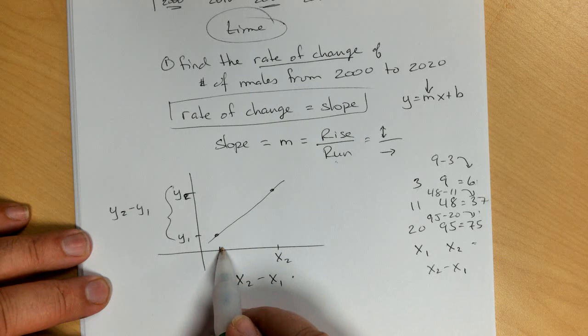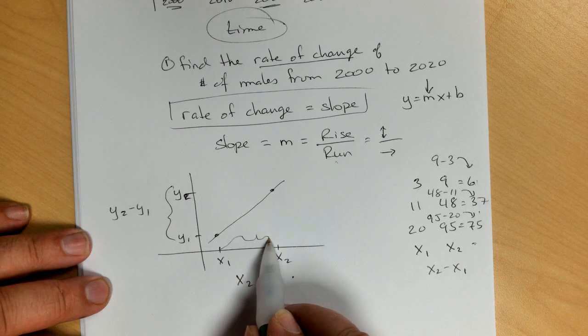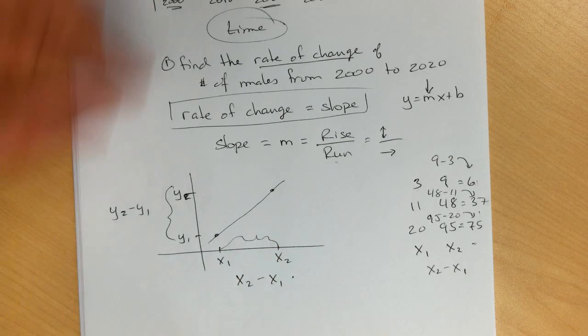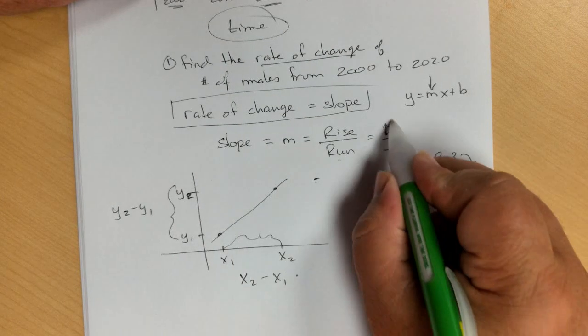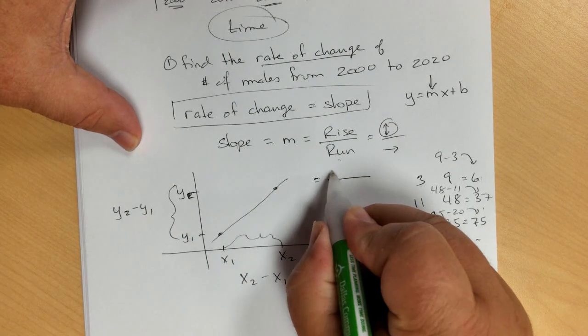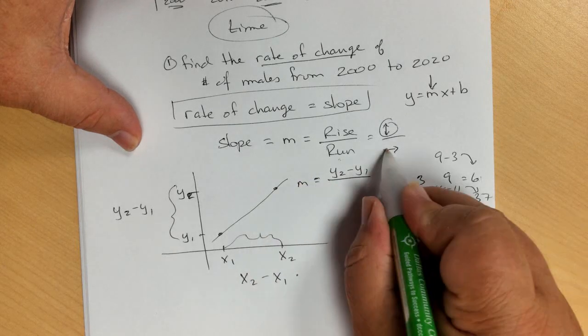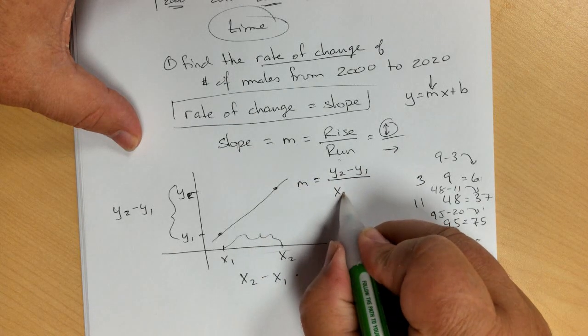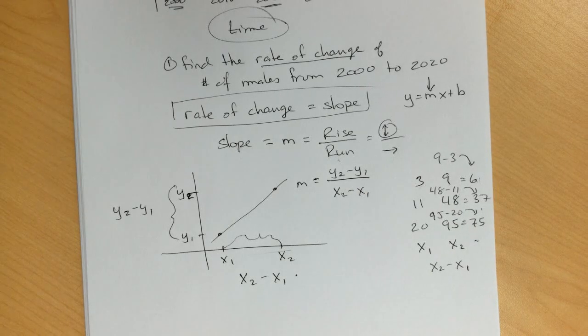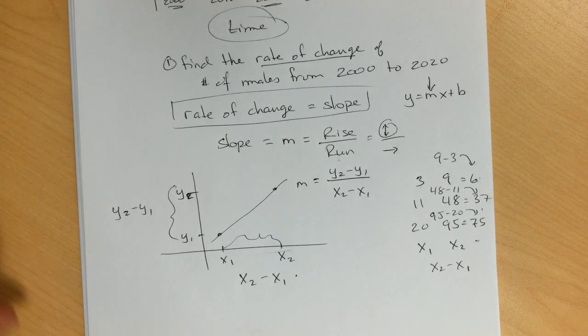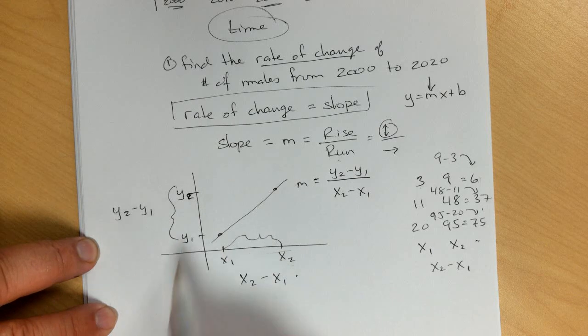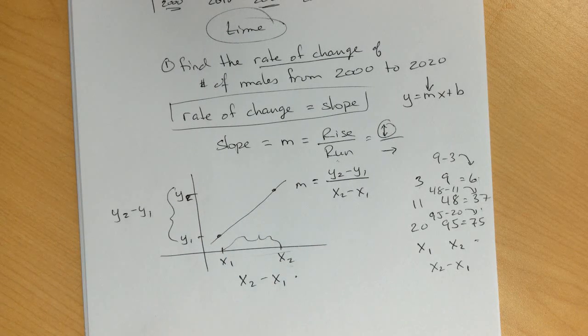I want to know how far it is from there to there, and likewise there. So vertically, I'm looking at y2 minus y1, and horizontally, it's x2 minus x1. There's the formula. But what do these numbers mean? What does x1, x2, y1, y2 mean? What do they refer to?